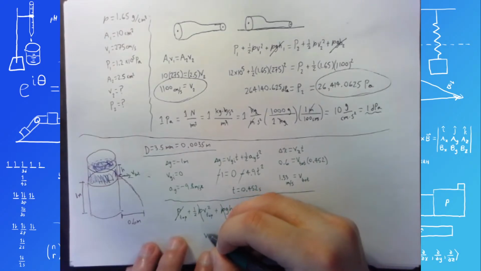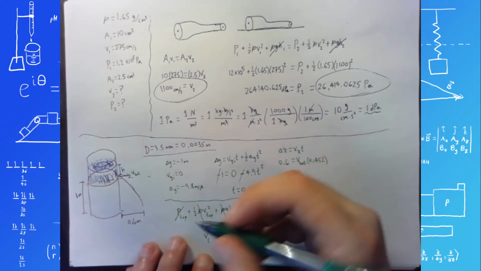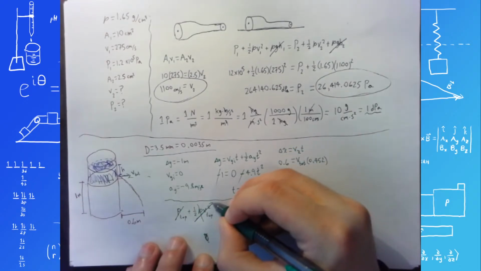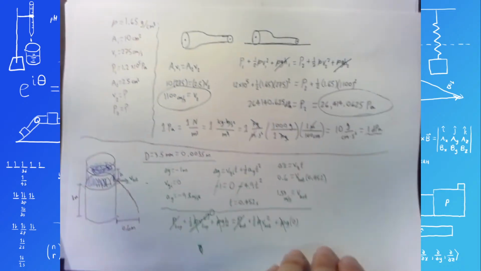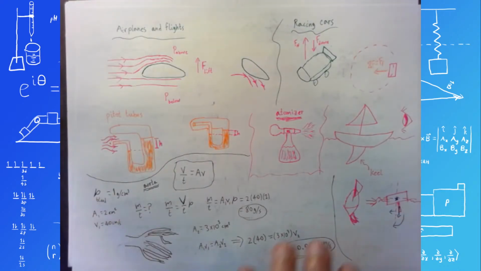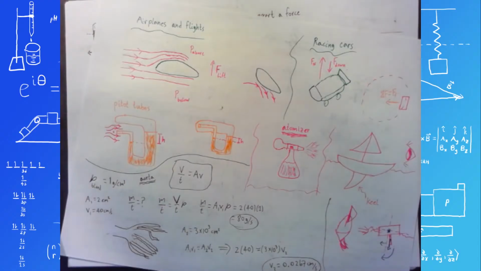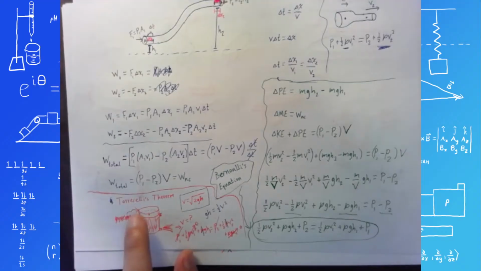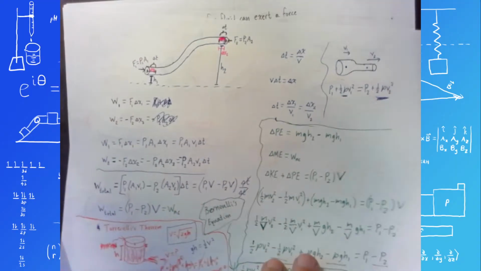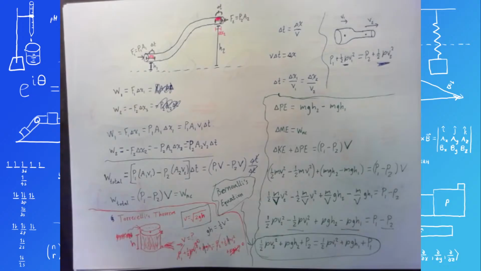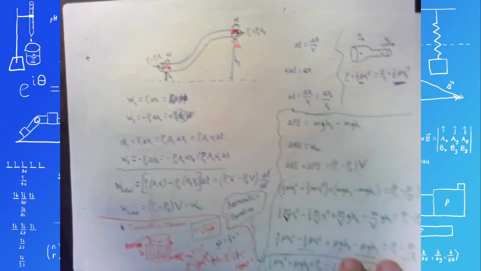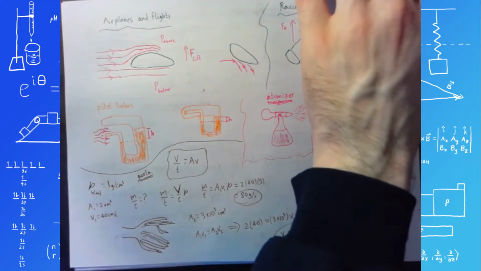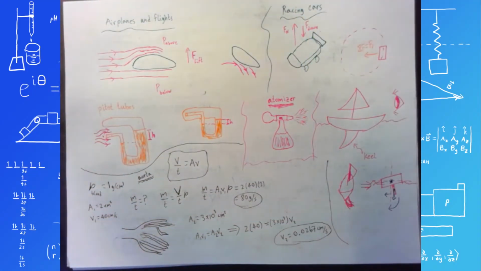Oh, and V top is approximately 0 as well, for the same reason we said it was 0 over here, because the rate at which the water descends through this tank is really, really, really small compared to the rate at which it shoots out through that tiny hole.